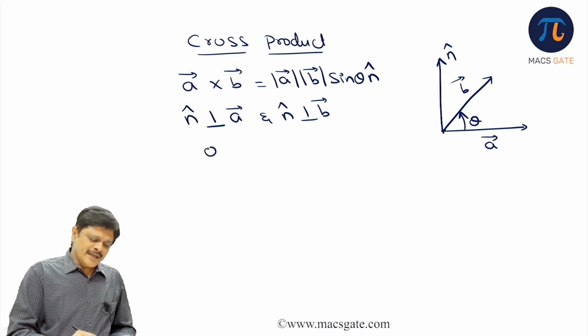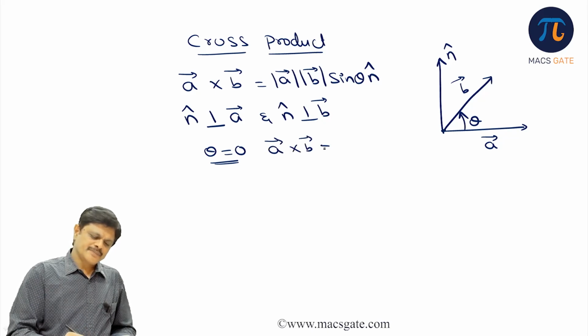Now, when theta is equal to 0, what happens? The cross product would be 0. And when theta is equal to pi by 2, what happens to the cross product?